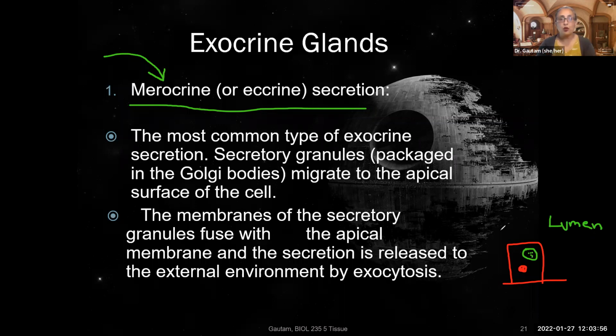Okay, so merocrine is one mechanism of secretion for this gland. The most common type of exocrine secretion is via eccrine secretion. What happens is the secretory granules travel to the plasma membrane.